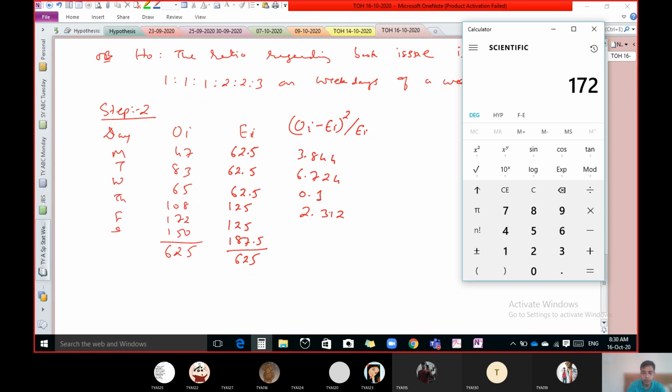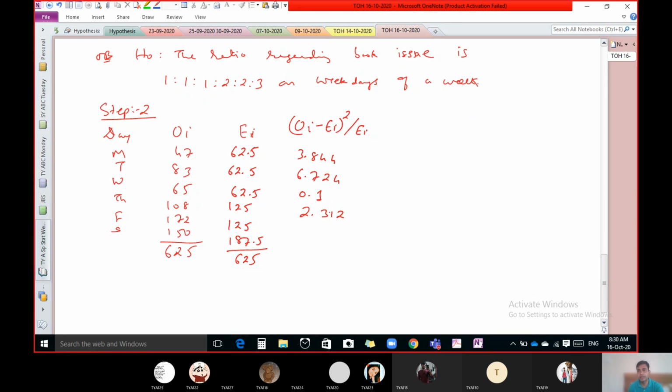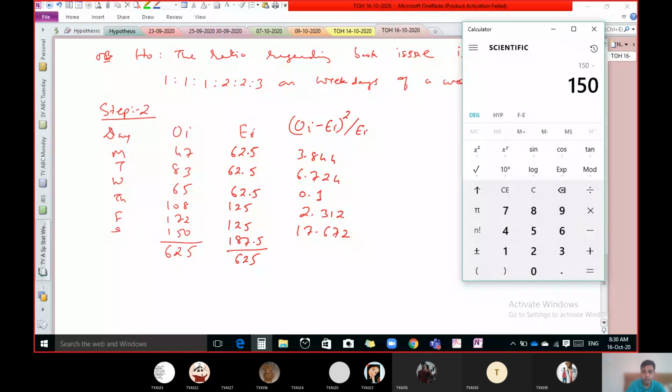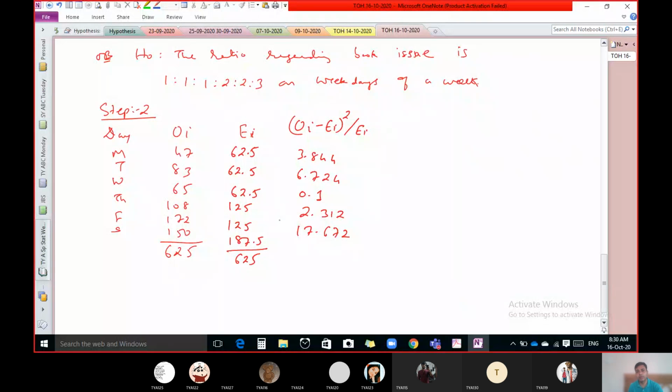Now 172 minus 125 is 47, squared, divided by 125: 17.672. And 150 minus 187.5 is 37.5, squared, divided by 187.5: 7.5.